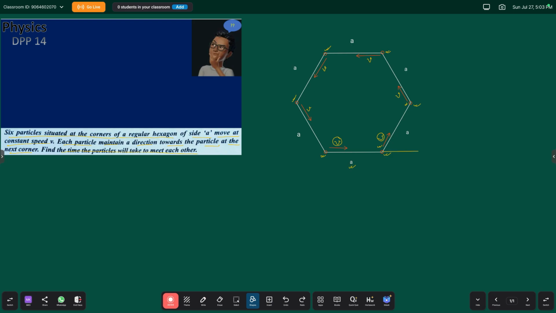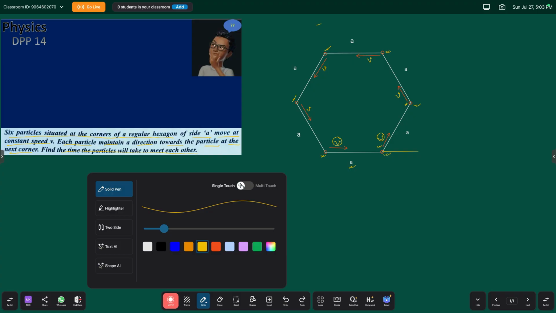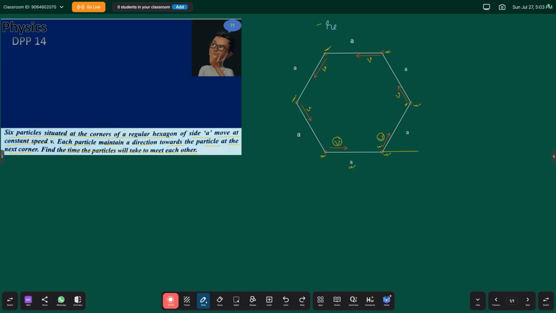Just extend it. This is a regular hexagon, so this angle will be 60 degree.